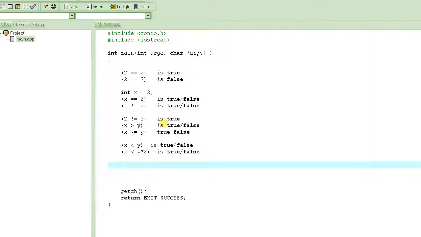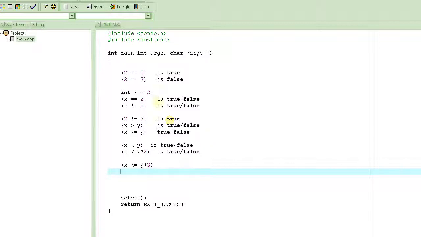Now similarly, we had greater than and greater than or equal to both. Similarly, you could have x less than or equal to y plus 3. That's also a perfect condition.